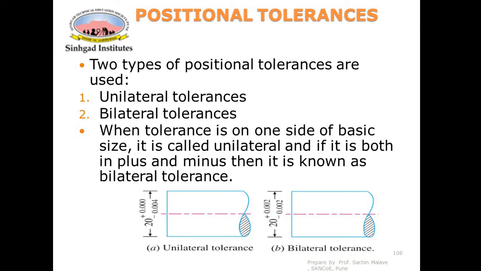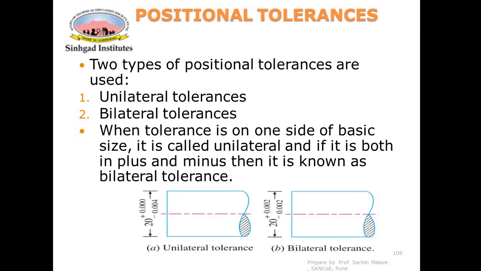In the name itself the definition is hidden, unilateral. Uni means one, single. So the tolerance which is given only on one side of the basic size. When the tolerance is on one side of the basic size, it is called a unilateral tolerance. As you can see here in this part, this is a shaft, and you can see how the size is mentioned.